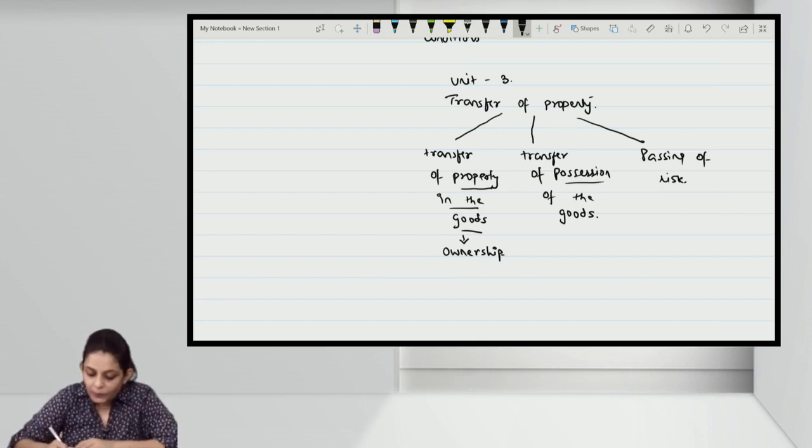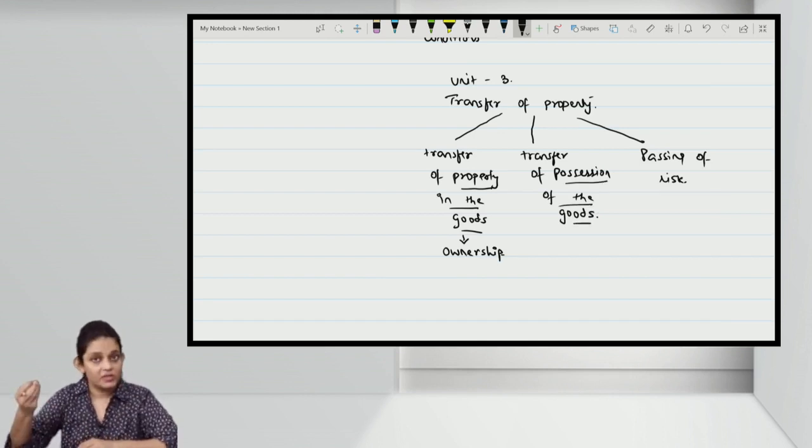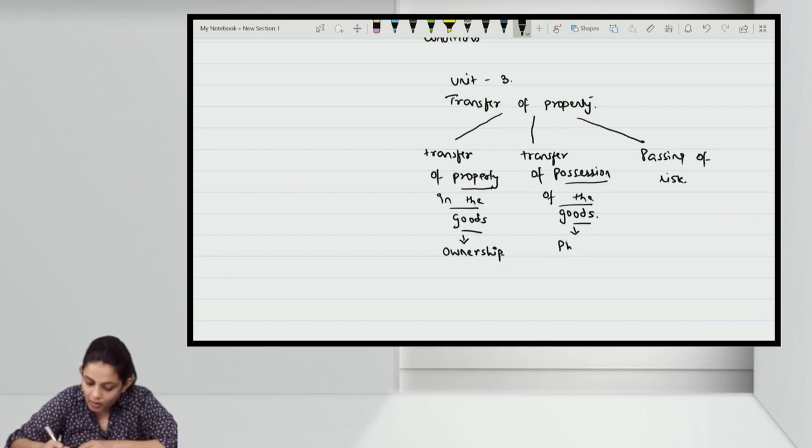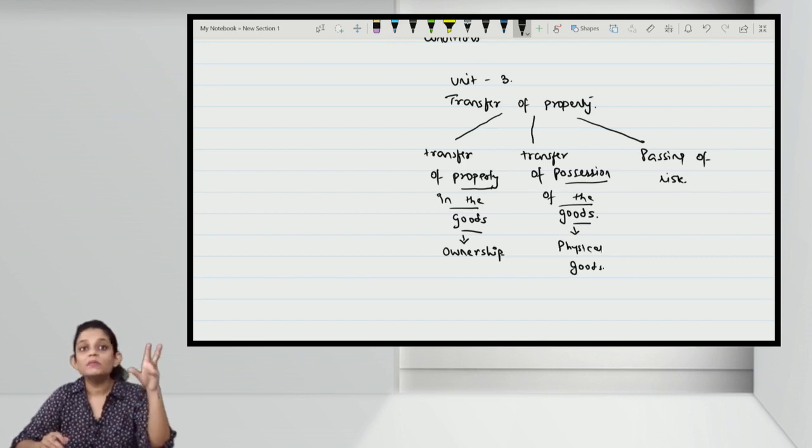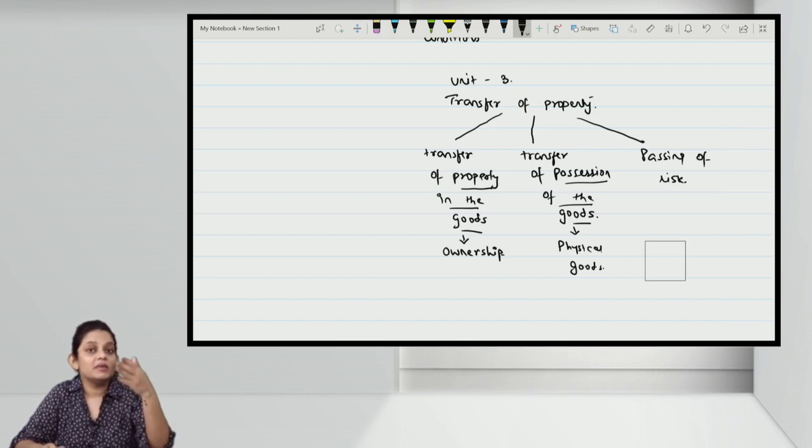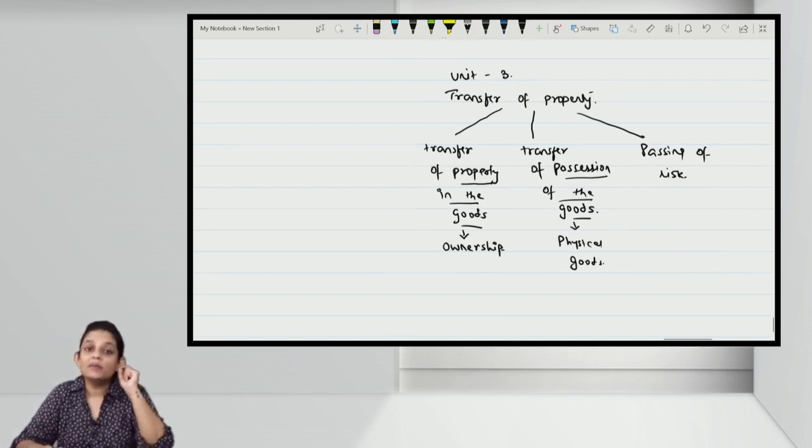And when we say possession of the goods, what are we talking about? The physical goods, right? I repeat again, property in the goods means the ownership of the goods, and possession of the goods means the physical possession of the goods.